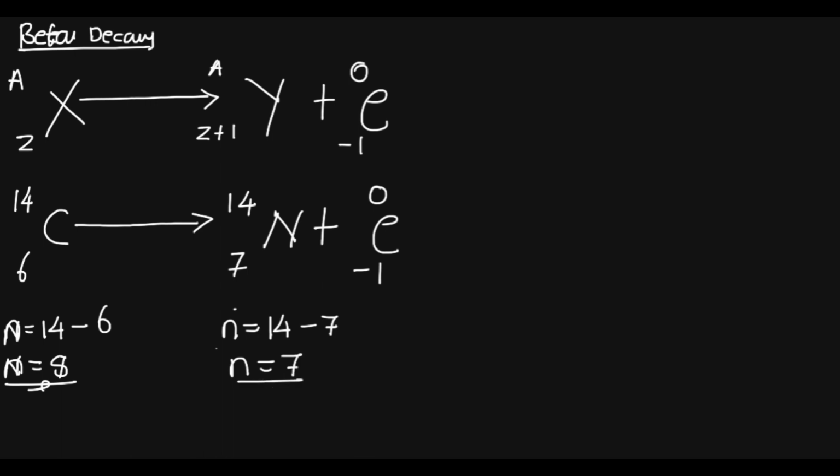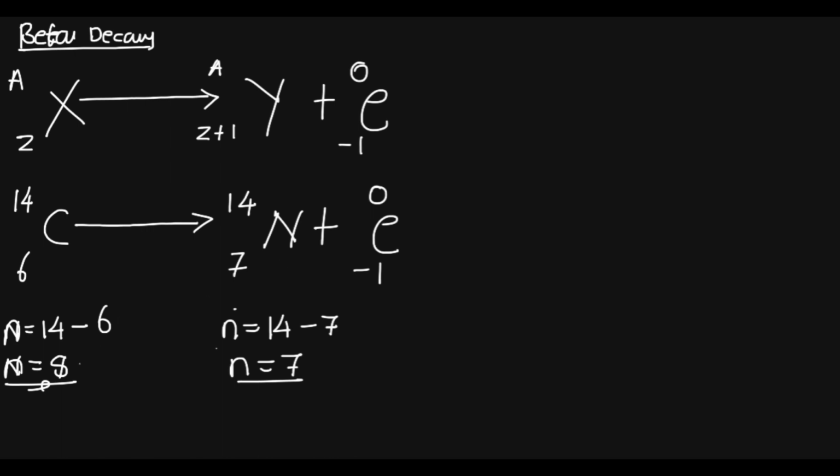So if we are doing the beta decay, we can see that the number of neutrons decreases, because in the atom of carbon there were 8 neutrons, while from the calculation according to the daughter atom, we can see that we have 7 neutrons in this nitrogen.